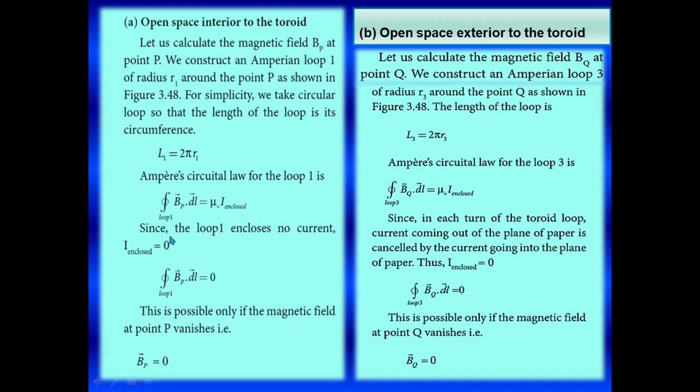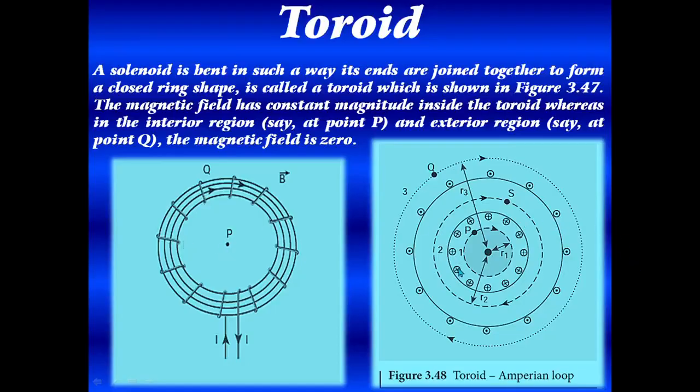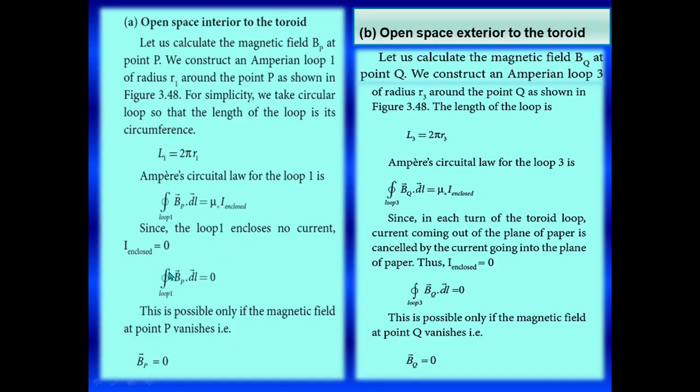Since loop 1 encloses no current, I enclosed is equal to 0, because no current is passing through this loop inside the toroid. So the line integral over loop 1 of BP vector dot dl vector is equal to 0.